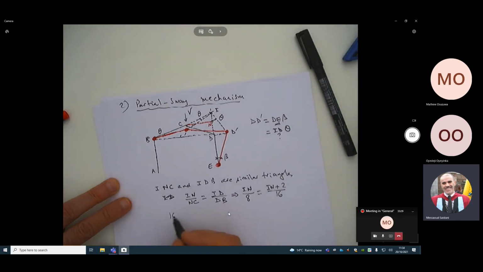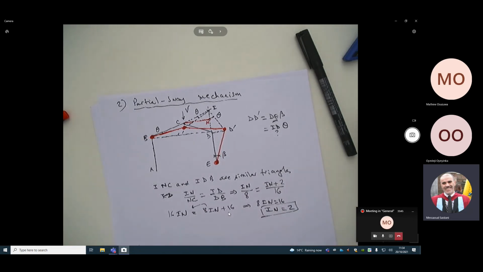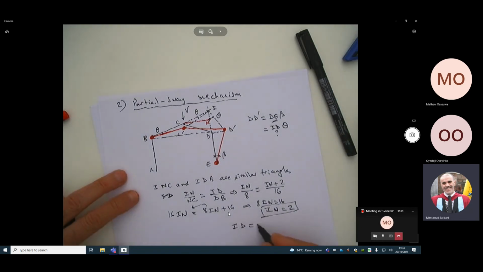So we have 16 IN is equal to 8 IN plus 16, and therefore 8 IN is equal to 16. So IN is 2. It's just pure coincidence that they are equal. If you change the geometry, you get different values, obviously. So we can say that ID is IN plus ND, so 2 plus 2, isn't it? So ID is 4 meters.